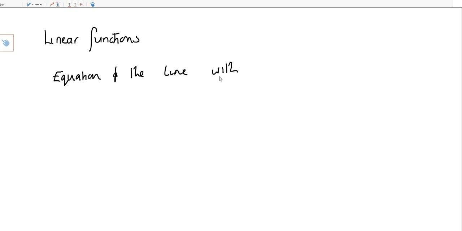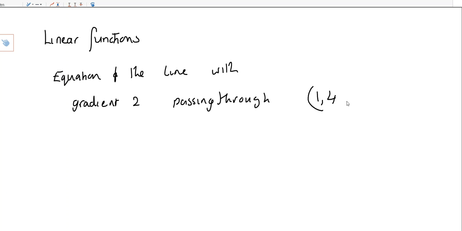What do we know about linear functions? So, for instance, if I were to ask you what the equation of the line with, what should we say, gradient 2 and passing through (1, 4).